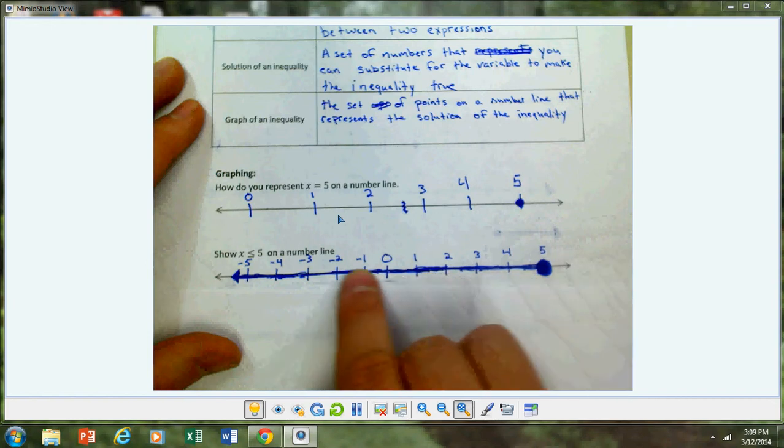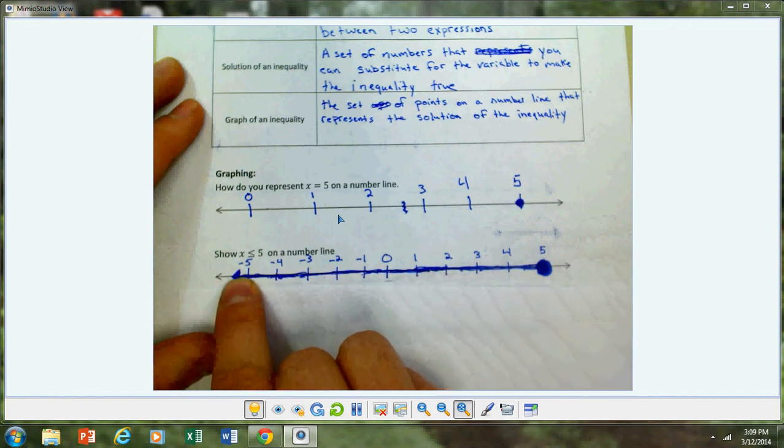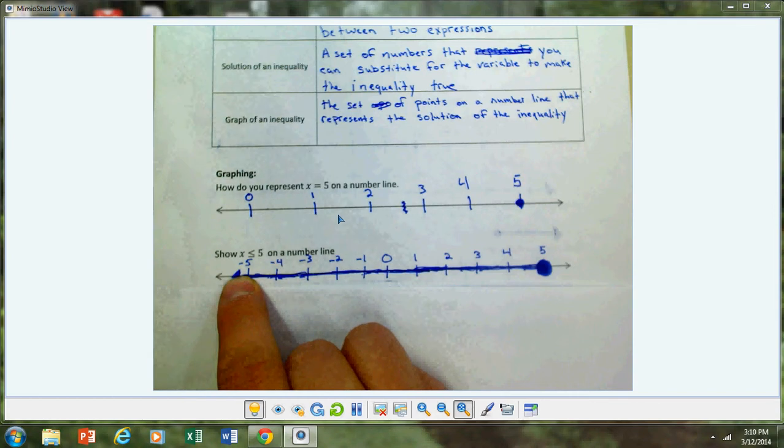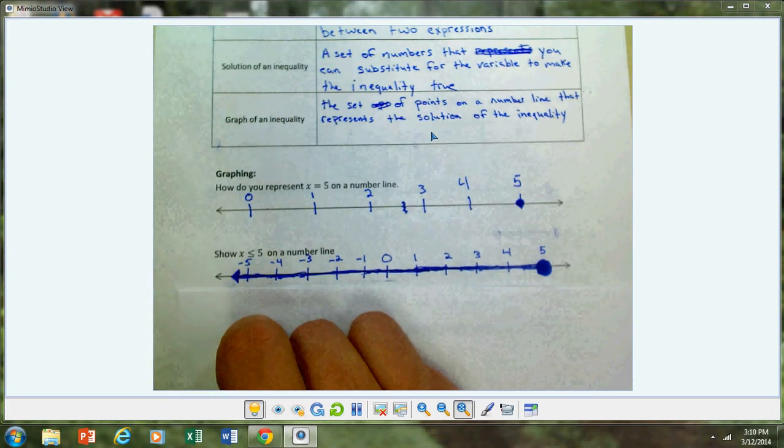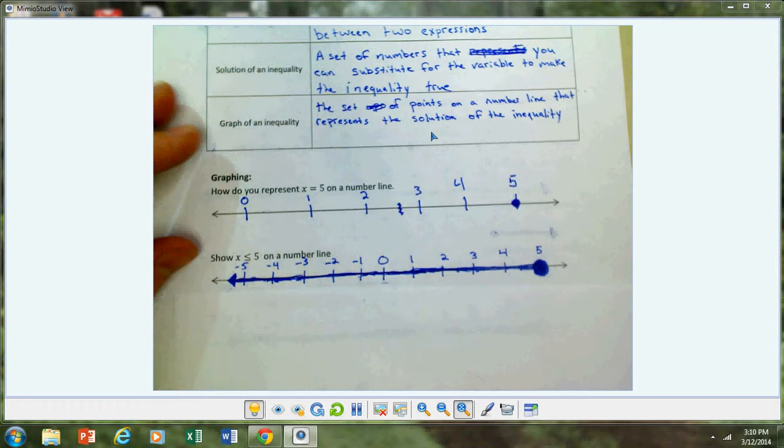I have a filled in dot at 5, and then my line goes all the way across to every number that's smaller than 5, equal to or smaller than 5. So that means that any possible number could be -2, -1,536,321, or it could be 4 or 5 itself, are all possible answers for this problem.